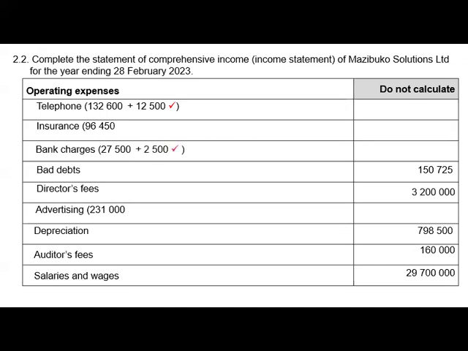It needs to decrease by 8,250, right? That 8,250, what is it?